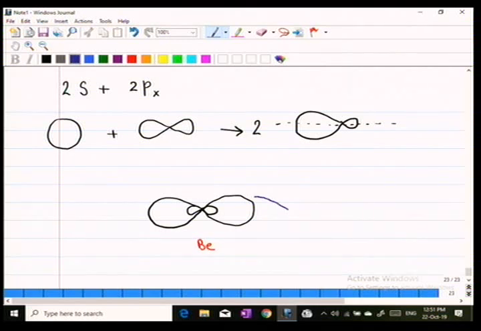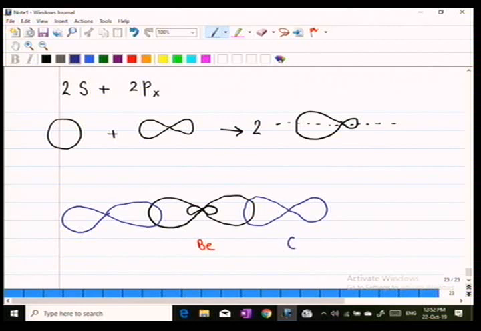Just draw the normal shape of chlorine. Look at this. These are chlorine. Now look at this.